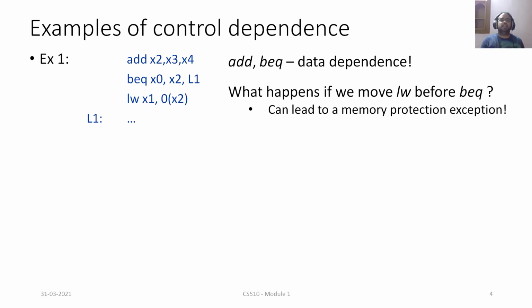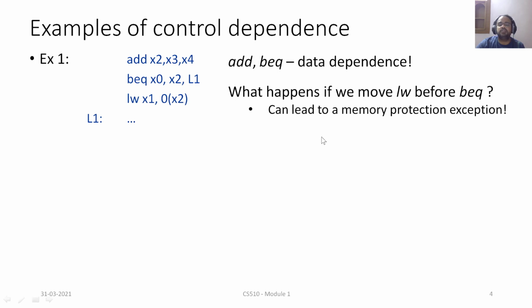Those kinds of events can be termed exceptions. So if we move the instructions without understanding the dependence among them, there is a potential scenario where new exceptions will be created.